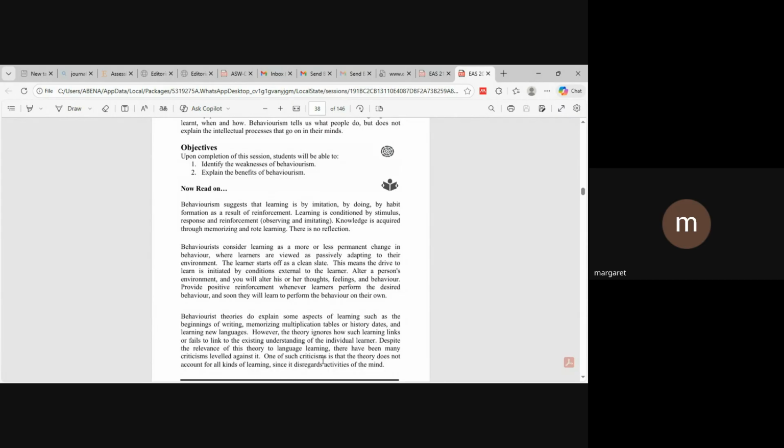You get it? So in behaviorism, the environment where the learner is learning is very important. If the environment is not producing the appropriate input, the learner will learn the wrong thing, because before the learner enters the learning environment, the learner doesn't know anything. So it is that environment that is going to teach the child.